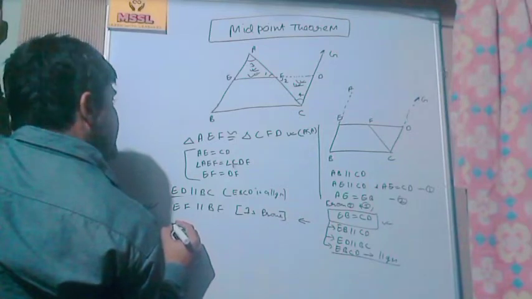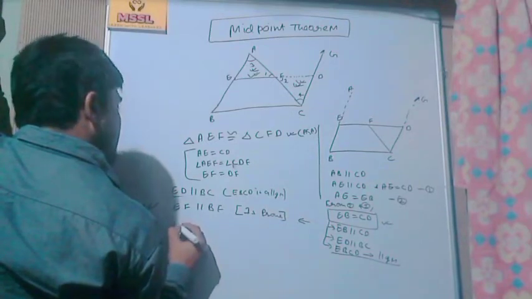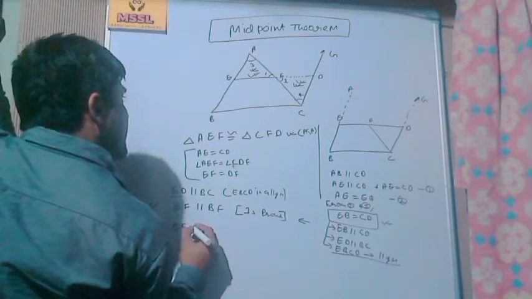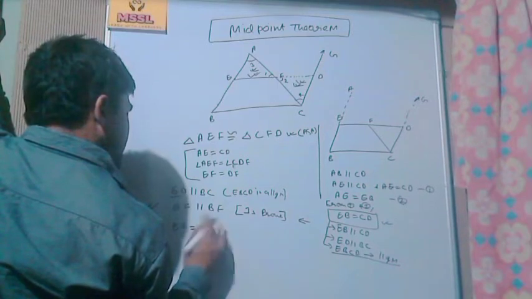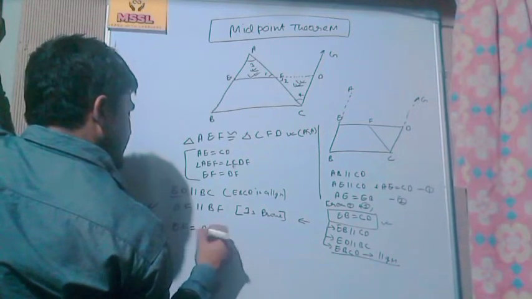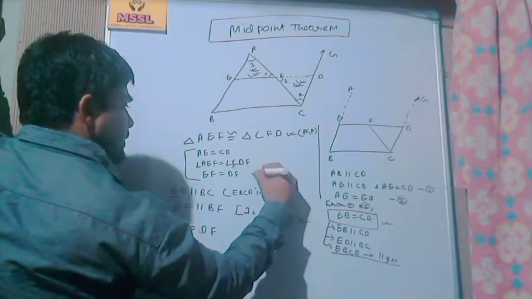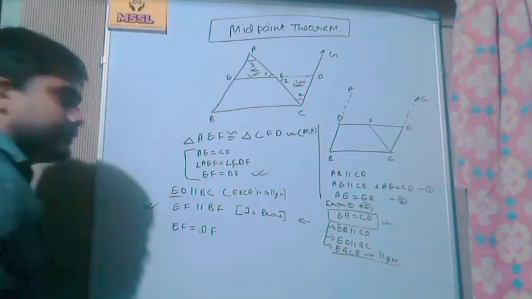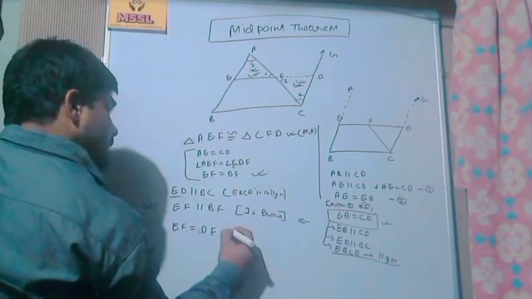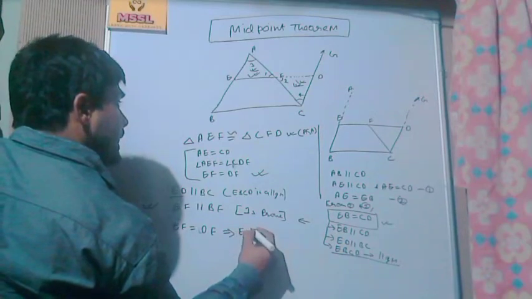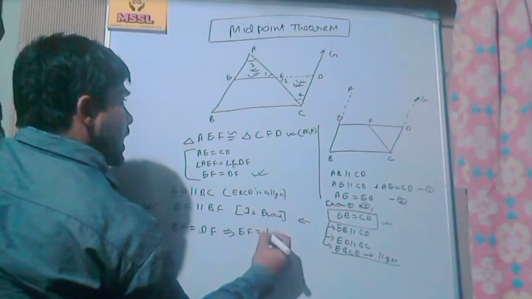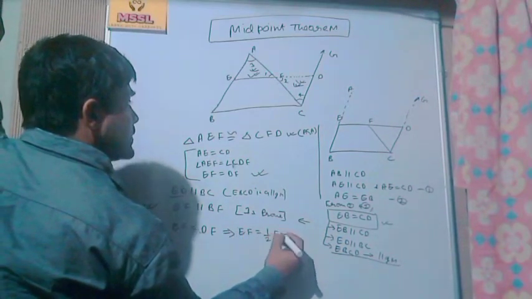Since we have done EF equals DF, from here we can also write that EF is half of ED also.